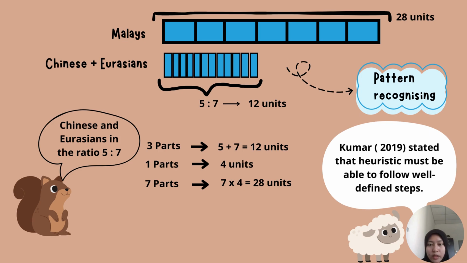Malays have 7 parts. We will multiply it by 4 units, and we get 28 units, which means Malays have 28 units. Meanwhile, Chinese plus Eurasians have 12 units. Kumar 2019 stated that a heuristic must be able to follow well-defined steps.